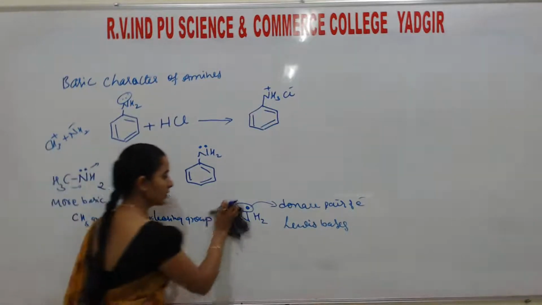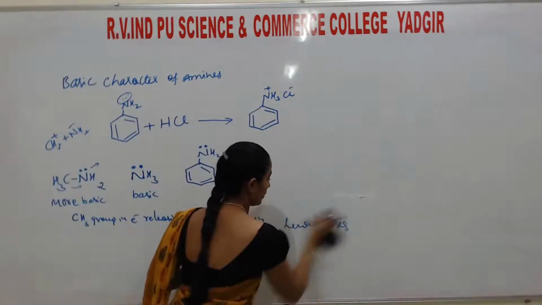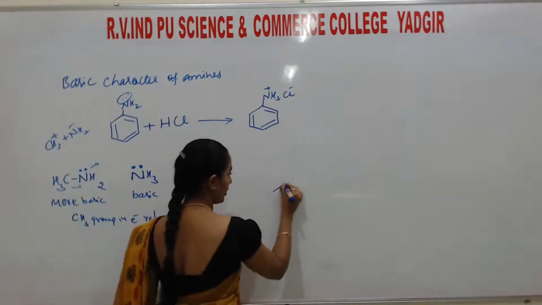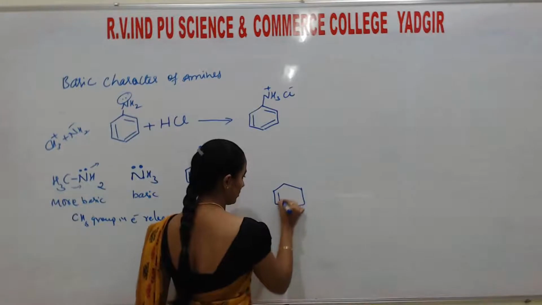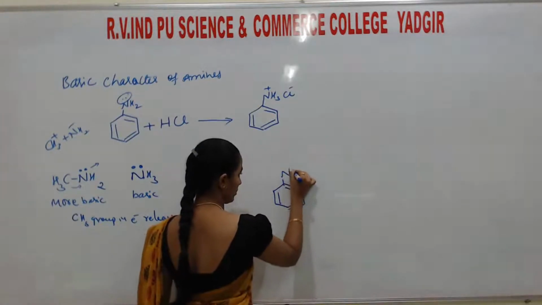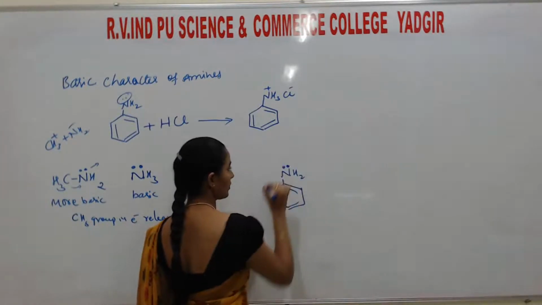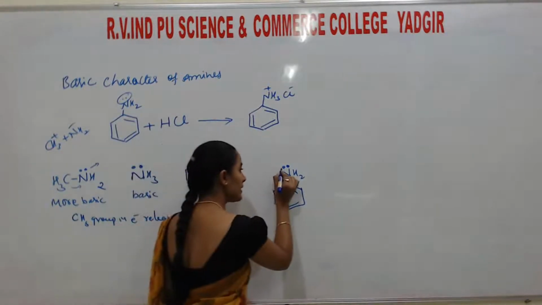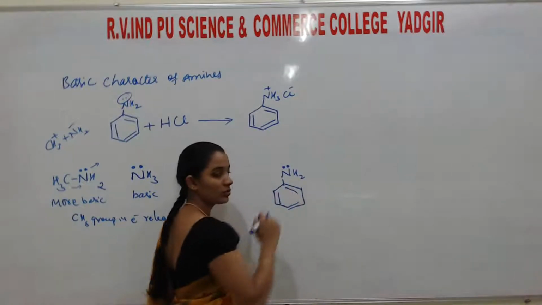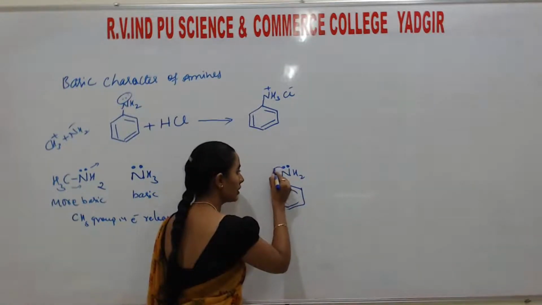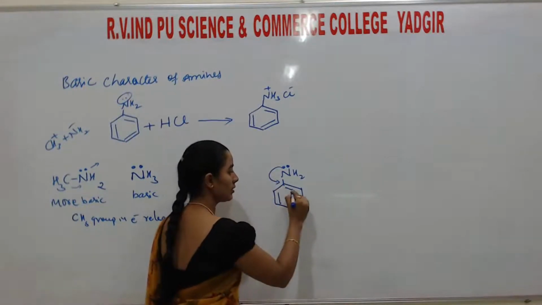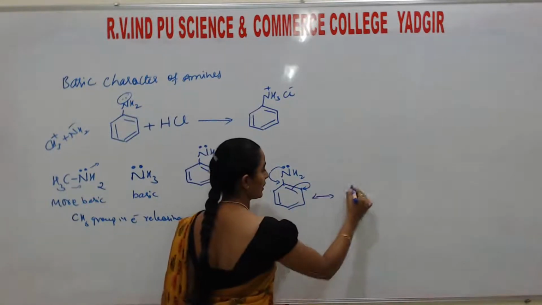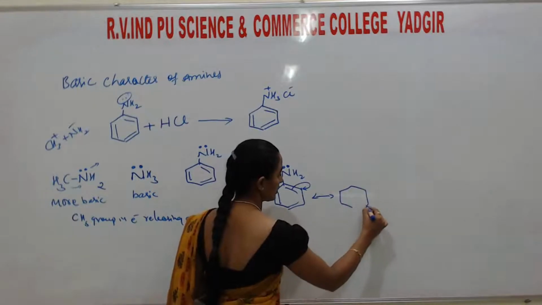Next, if you consider aniline, as it is a benzene ring, lone pair electrons are present here. Listen. These electrons, instead of donating to another atom, are involved in stabilization. This takes place like this.